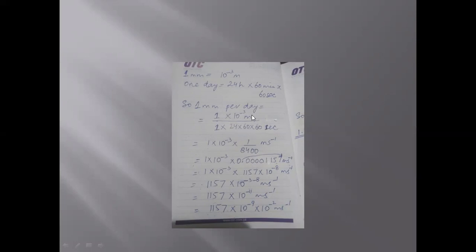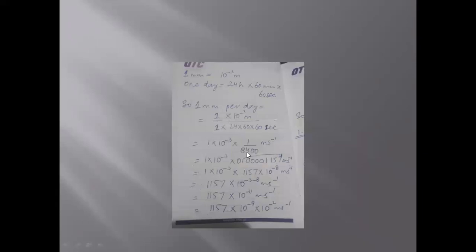So in the numerator you now have meters, and in the denominator you now have seconds. Then you will simplify it. 1 into 24 into 60 into 60, you will get 86400, and meters per second.